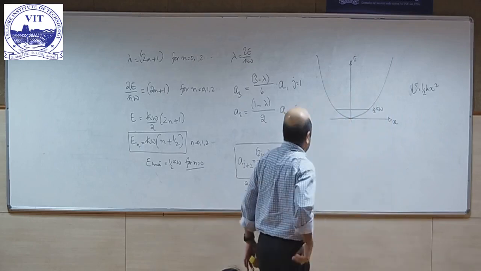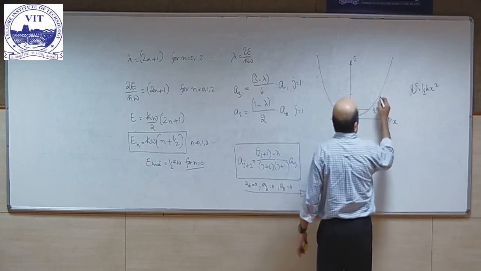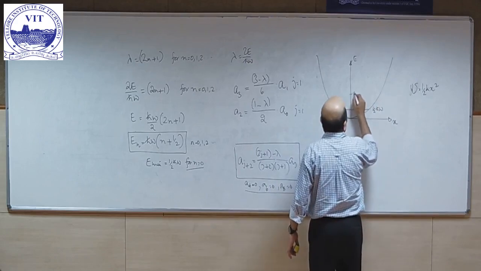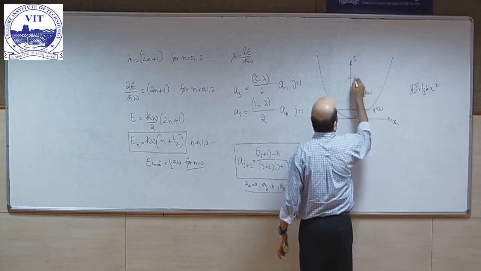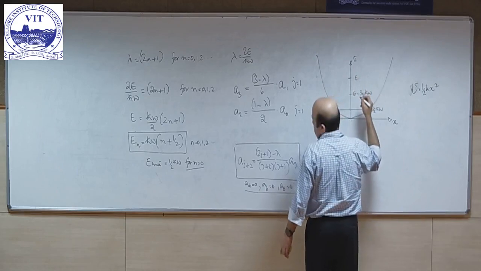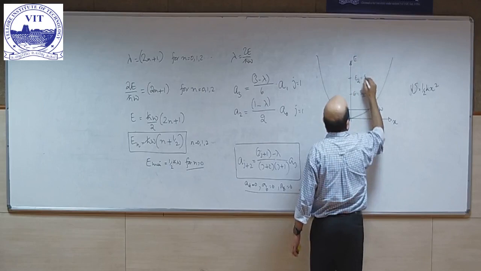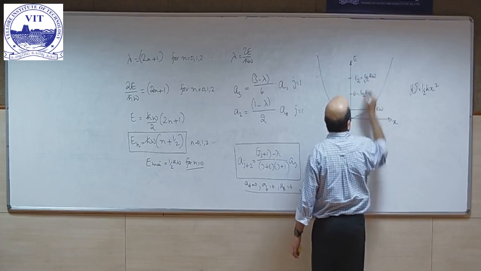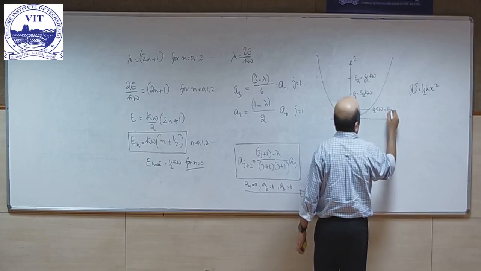The next energy level is 3 by 2 h cross omega, and E2 is 5 by 2 h cross omega. So this is E1, this is E0. Okay.